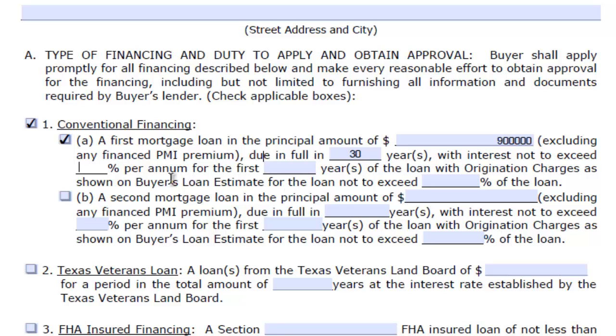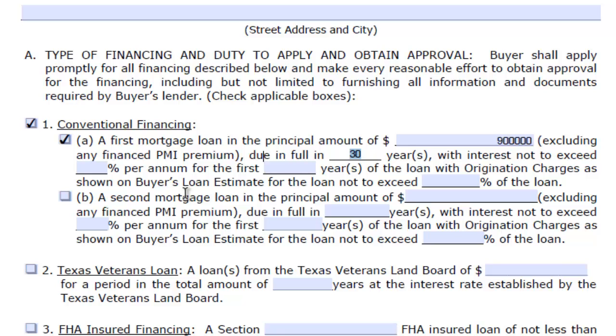The reason it sounds kind of funny here is because if for some reason that interest rate wasn't fixed for the entire 30 years, let's say it's only fixed for 5 years, then you would put whatever that interest rate is.